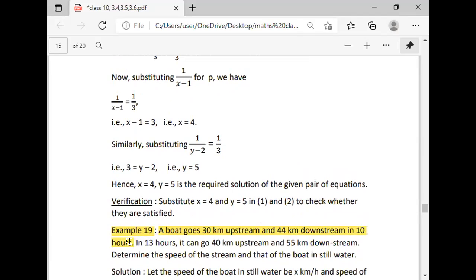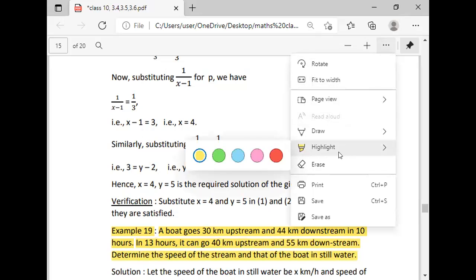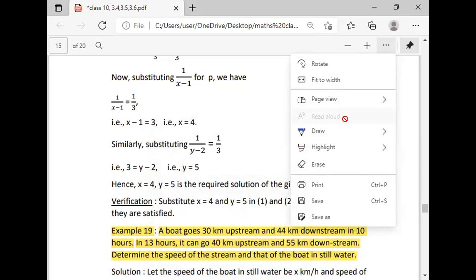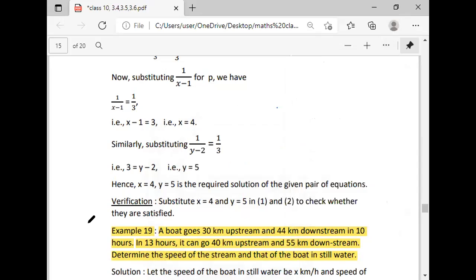That's the first information. Now let us see the second one. In 13 hours, it can go 40 kilometer upstream and 55 kilometer downstream. Determine the speed of the stream and that of the boat in still water. This is actually an important question.